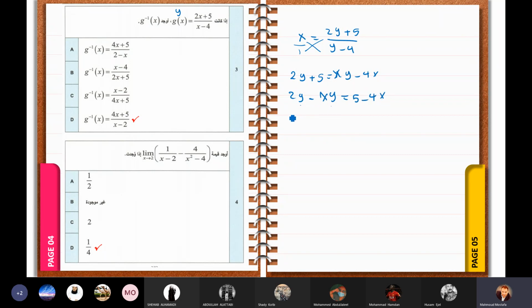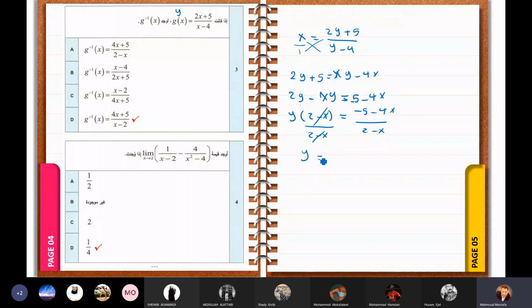Take y common factor, 2 minus x is equal to, minus 5, sorry? Yeah, I didn't put negative, sorry. So, -5 minus 4x. I will divide by 2 minus x both sides.